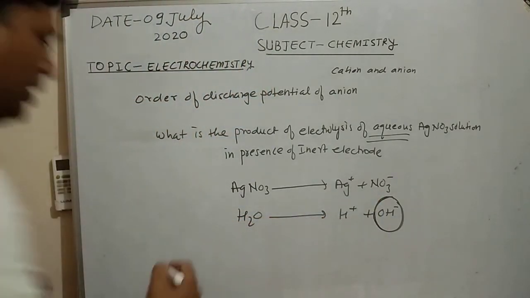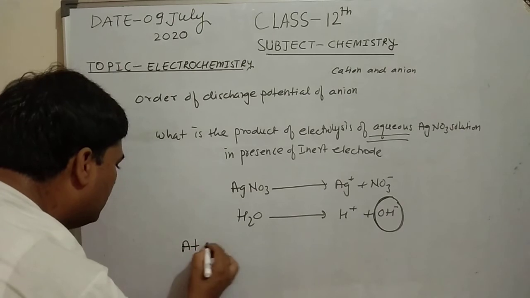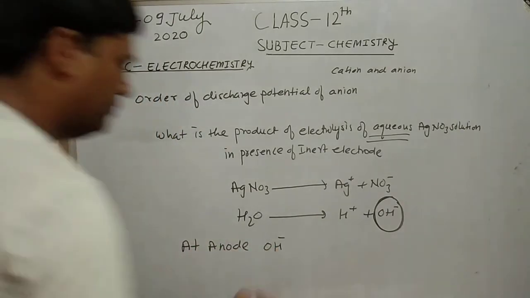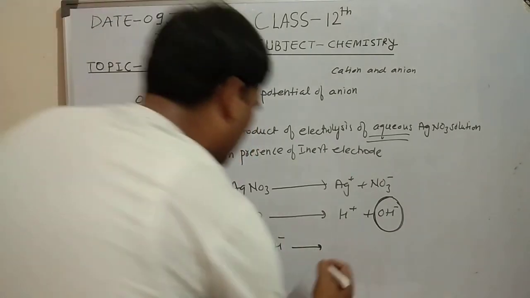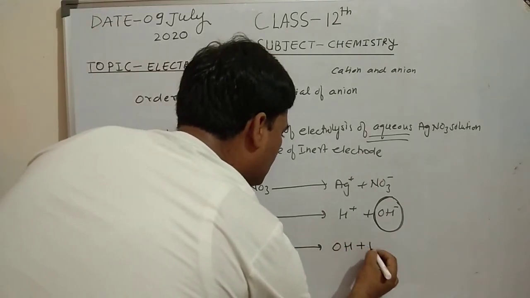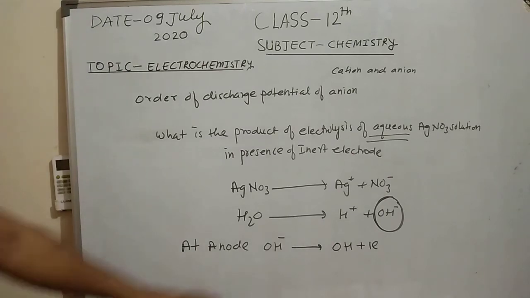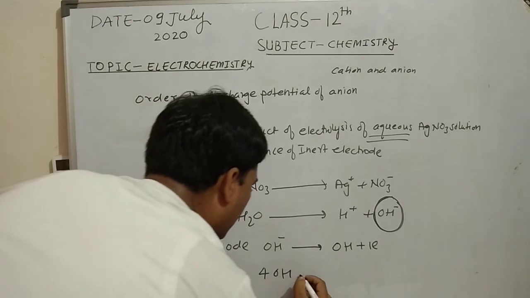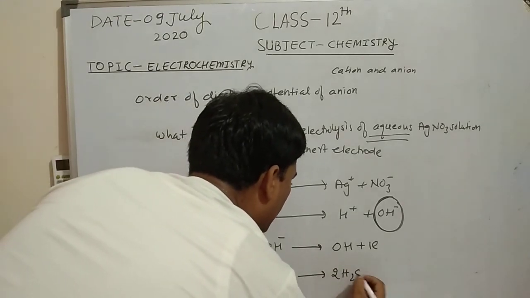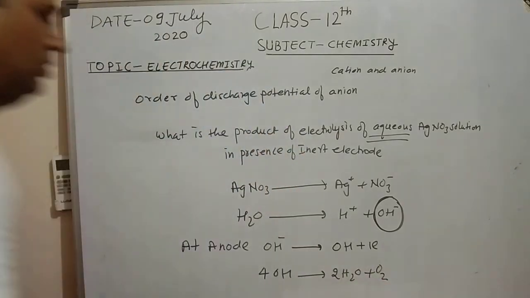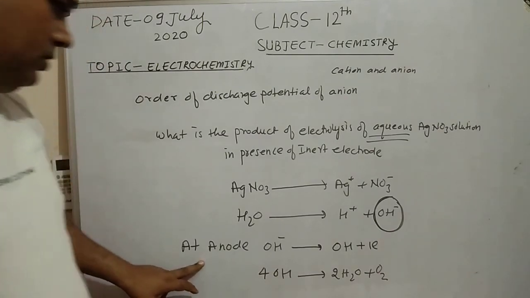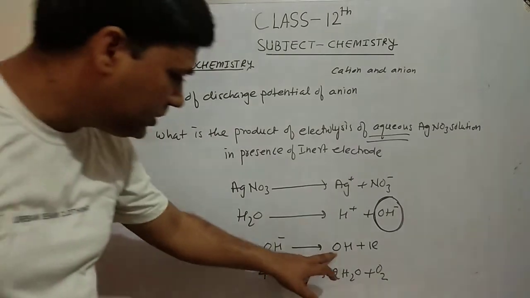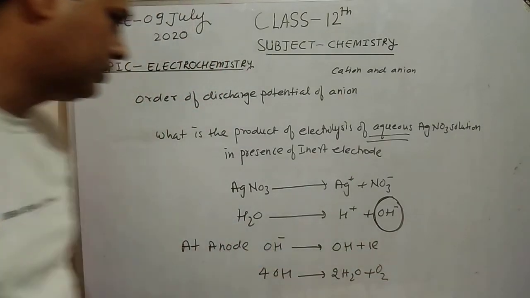So at the anode, OH- loses 1 electron, so it is oxidized, and 4OH is converted into 2H2O plus O2. So at the anode we get oxygen.